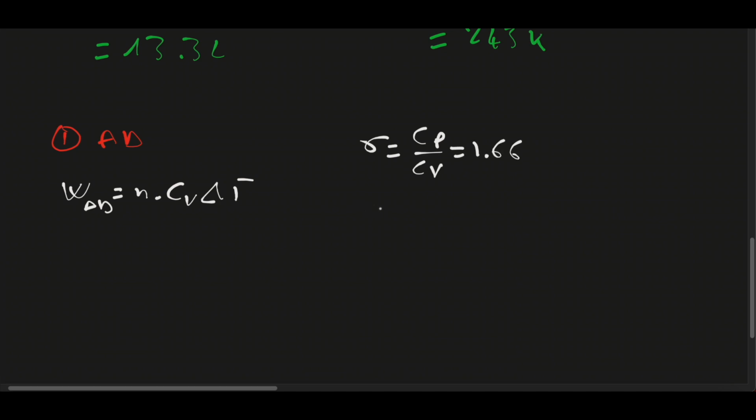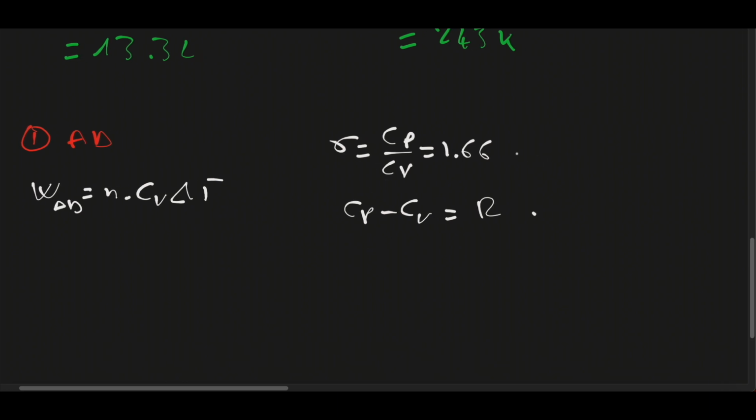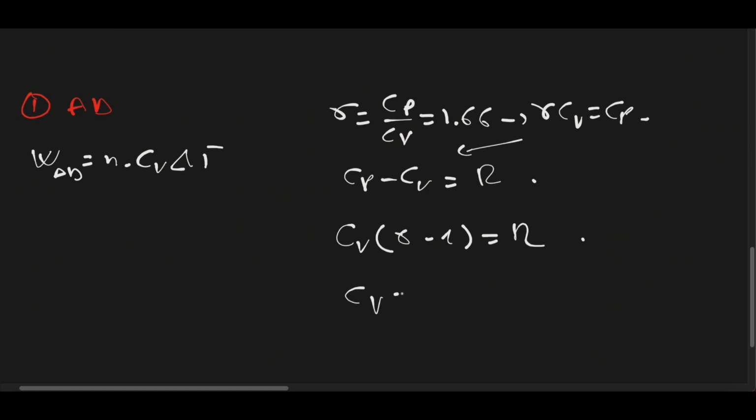And we have a second equation, Cp minus C sub V is equal to R. So we replace here gamma Cv, that is equal to Cp, in this equation. So we get C sub V times gamma minus 1 is equal to R. So C sub V is equal to R over gamma minus 1.